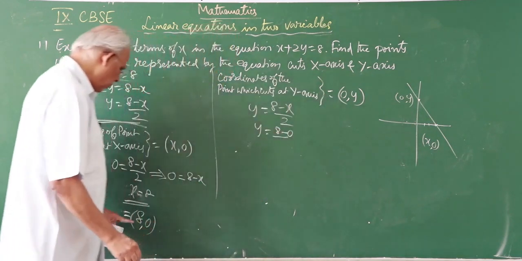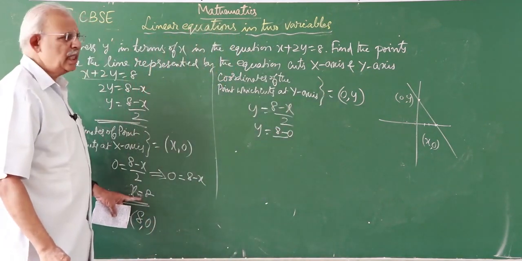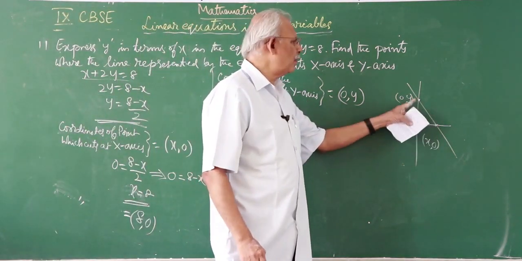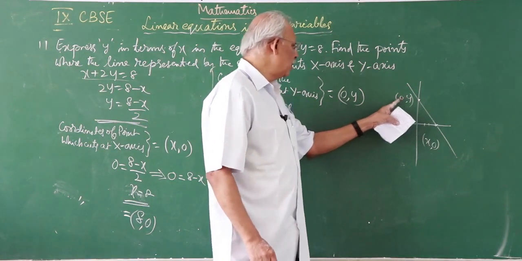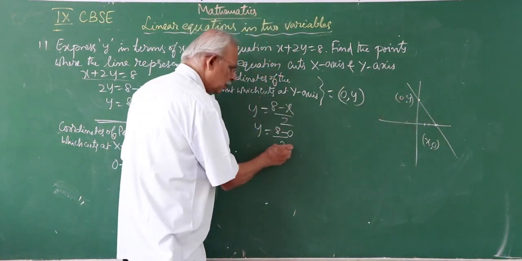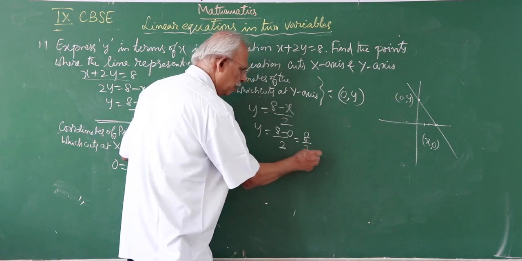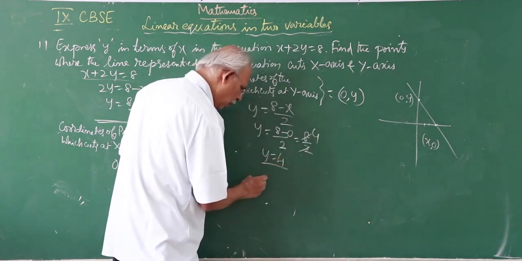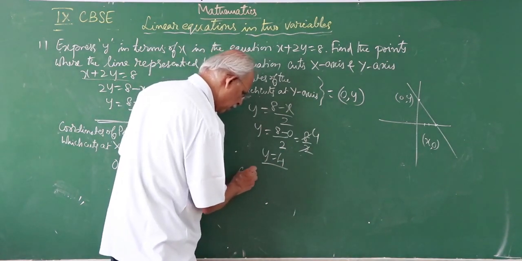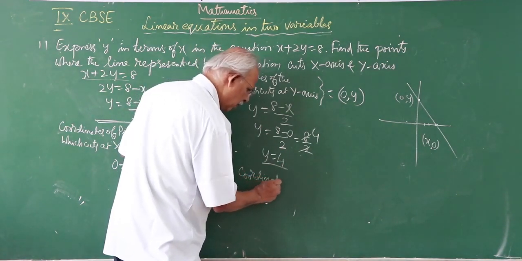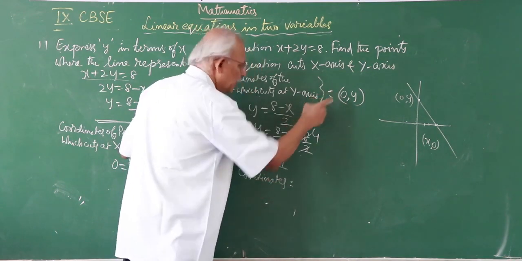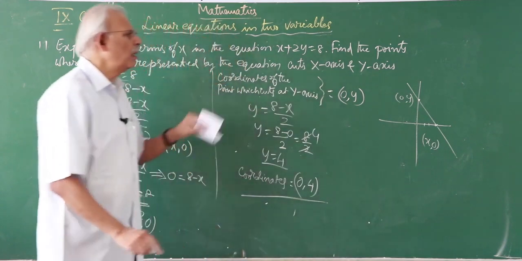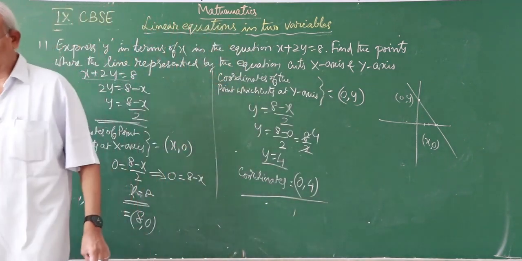You should not take the earlier value; that is the value when it cuts at x-axis. For this, the x value is 0. 8 minus 0 means 8, 8 by 2. 2 ones are 2, 2 fours are 8. So y equals 4. So the point is coordinates 0 comma 4. Look here.